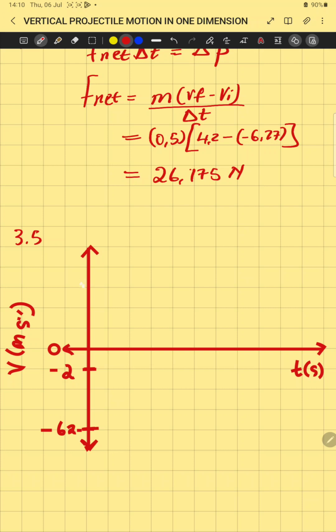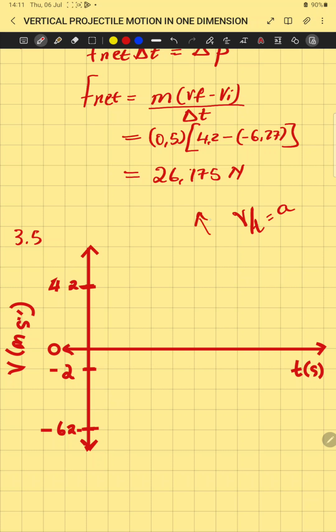And then up there we're going to have 4.2. Remember guys, let me just try to clear this view here. That's perfect, wonderful. Remember the graph of velocity versus time is going to give you acceleration.